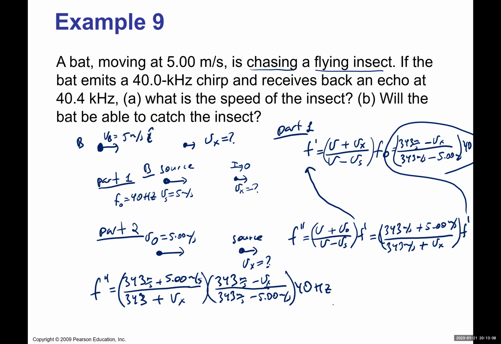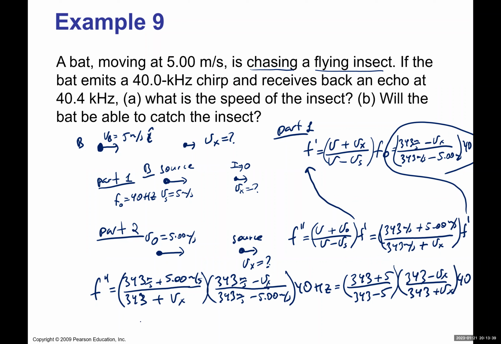Then from here, it's easy to just combine terms that we know. That means we can rearrange it as 343 plus 5, just to save some room, 343 minus 5, then times (343 minus Vx) over (343 plus Vx), times 40.